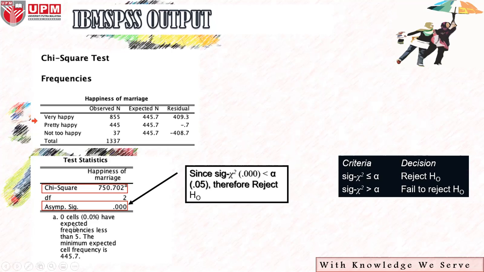The note indicates that 0 cells have expected frequencies less than 5, and the minimum expected cell frequency is 445.7. So our chi-square goodness of fit result is valid.